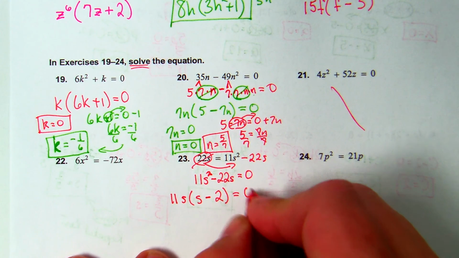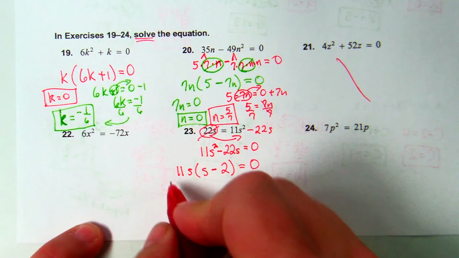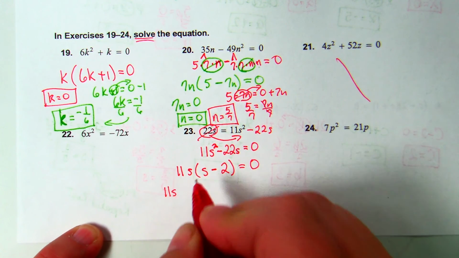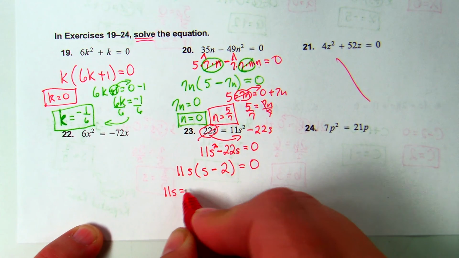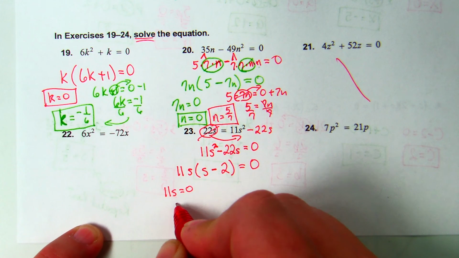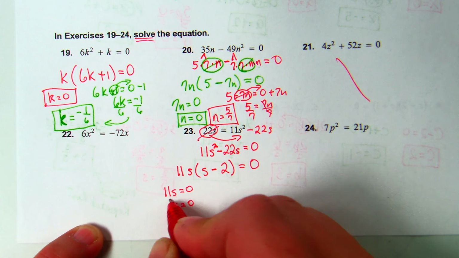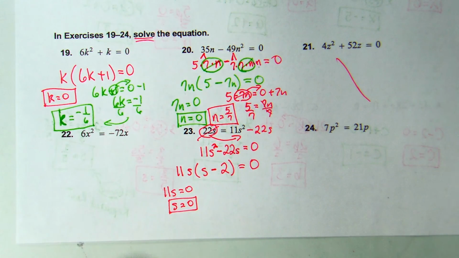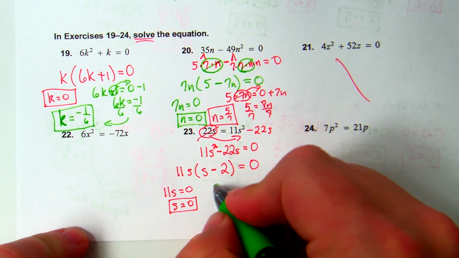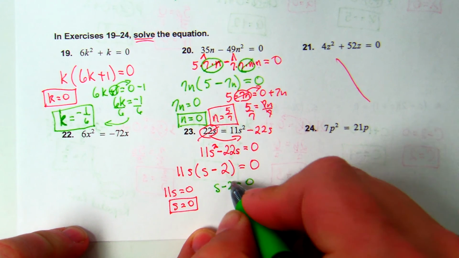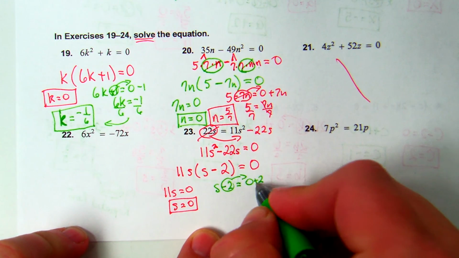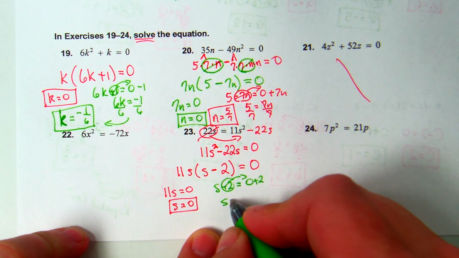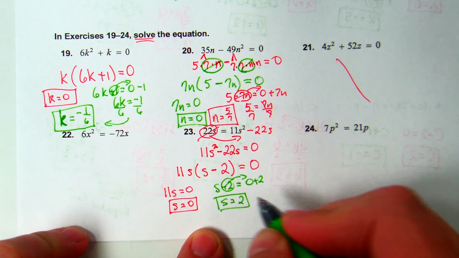And I'm going to set that equal to 0. So I'm going to set the first factor, 11s, equal to 0. And when I divide by 11, s still just equals 0. And then the second part, s minus 2 equal to 0. Well, when I move my 2 across, that's positive. So s is just going to equal 2.